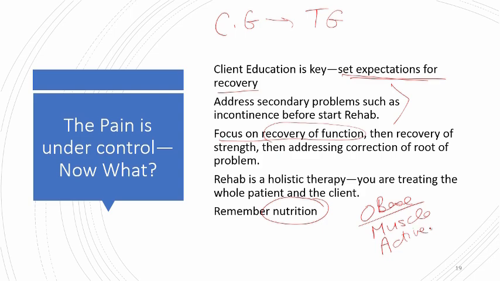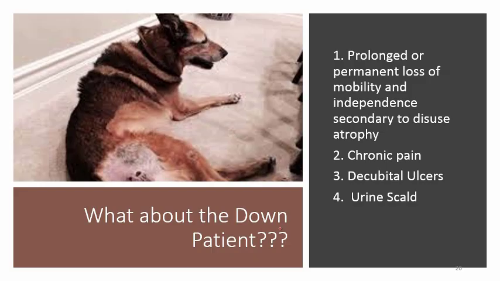So we will talk in a later unit about total calories. So for every patient, I figure out the number of calories the dog should eat, either for weight loss, for rehabilitation, or weight maintenance. But we will talk about that in a later module, but just remember nutrition.